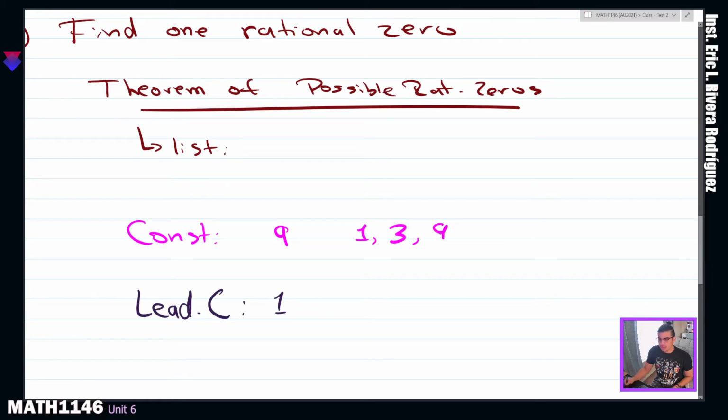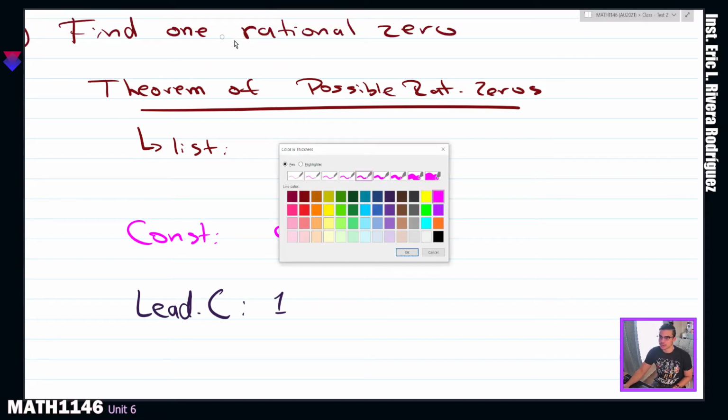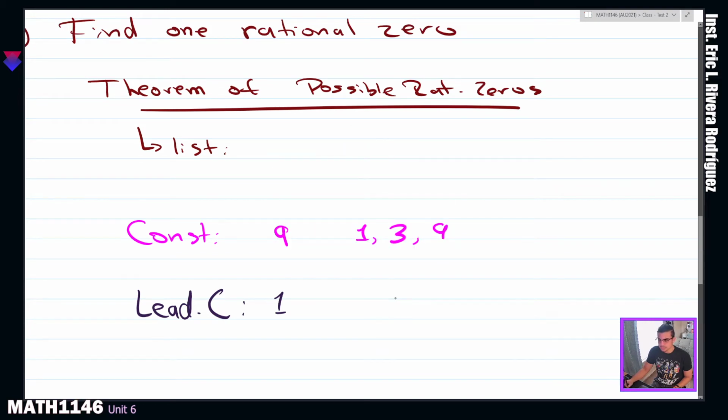So 1 times 9 is 9. So 1 and 9 are factors. So 9 is a factor itself. And 3 times 3 is 9. So 3 is a factor as well. What are the factors of 1? Just 1. 1 times 1.